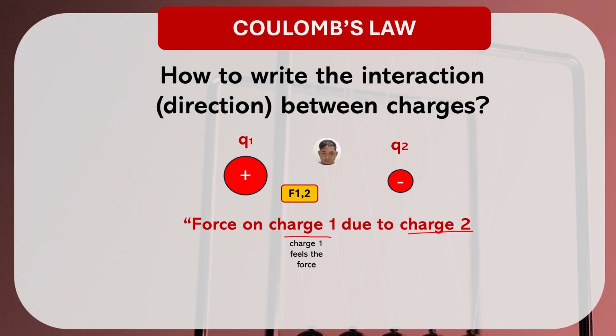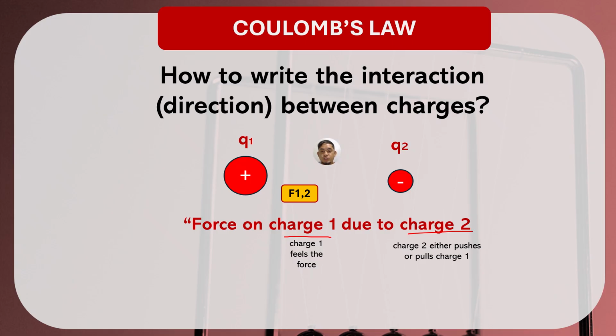Charge 2 will be the one that pushes and pulls charge 1. Let's say charge 1 is our point charge, our reference charge, our focus. So we will try to find out what charge 2 does to charge 1. Charge 1 will feel the force due to charge 2.